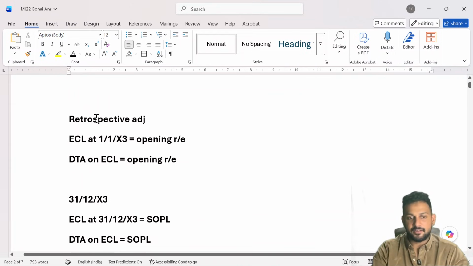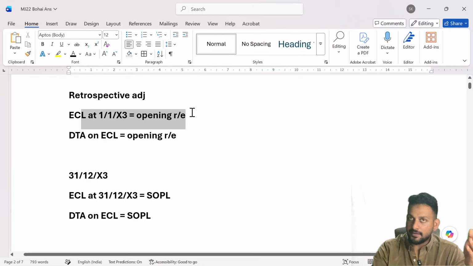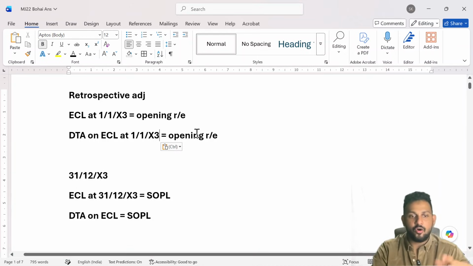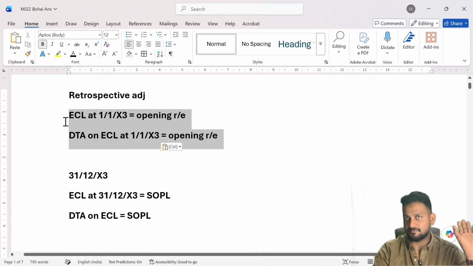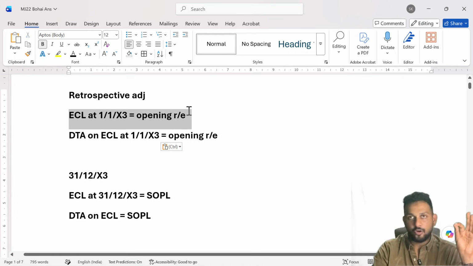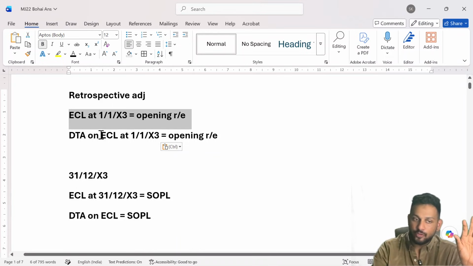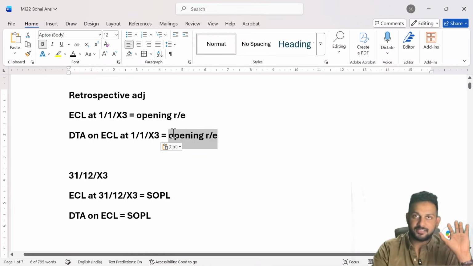If the expected credit loss is taken to the opening retained earnings, the deferred tax on the expected credit loss at 1st January should be taken to opening retained earnings, the same place. So the item is recorded under opening retained earnings, and the deferred tax on that item should also be taken to opening retained earnings.